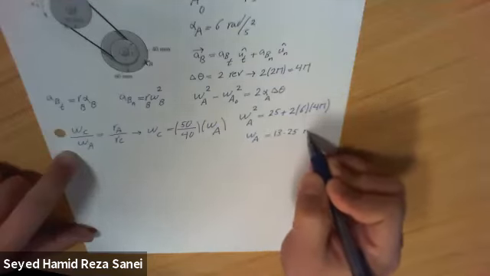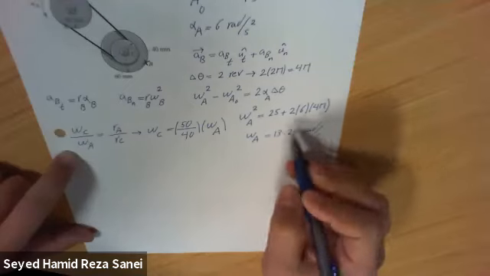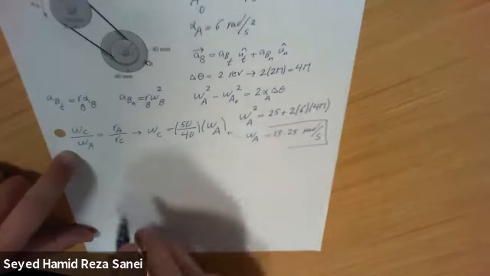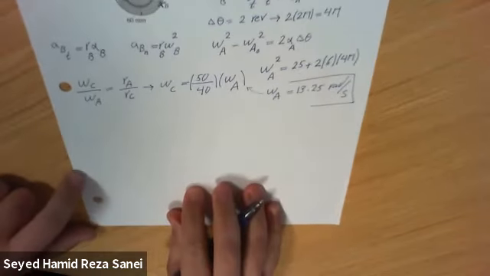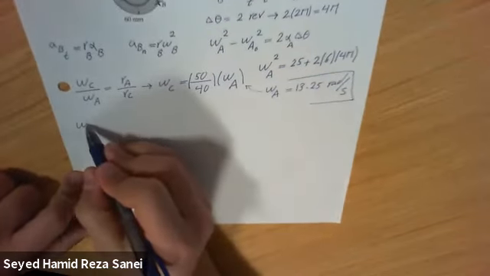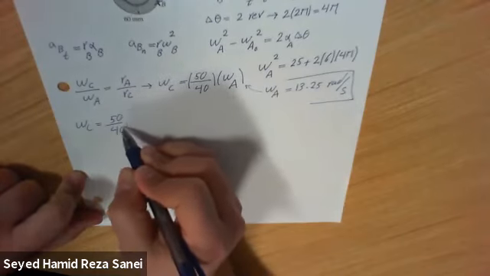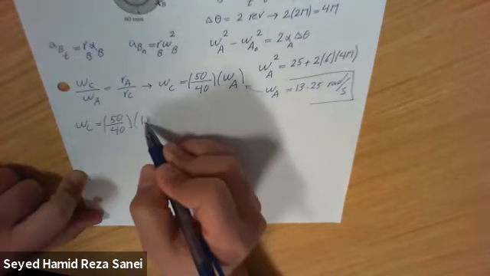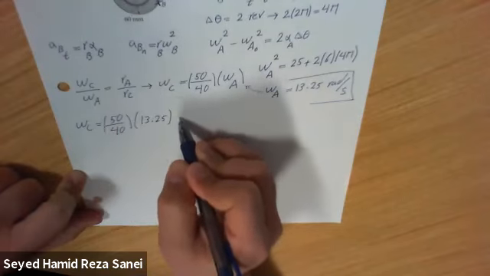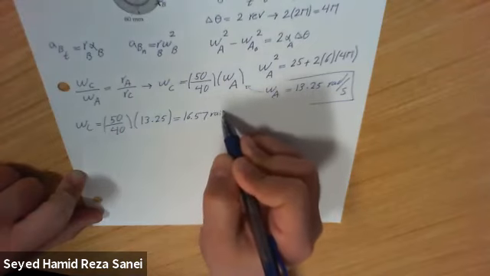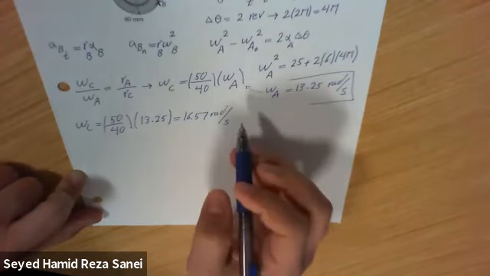So I can find omega A here to be 13.25 radian per second. Now that I have omega A, I can plug it into the equation of interest and find omega C. So omega C is 50 over 40 times 13.25, which is 16.57 radian per second.